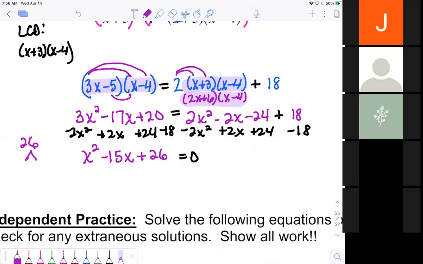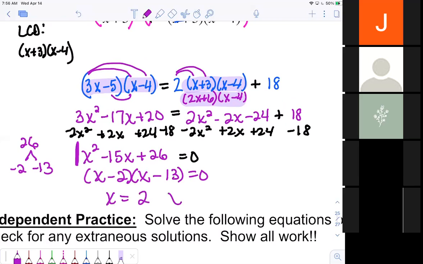What two numbers multiply to be 26? -2 and -13. Nice job. Again, this is the quick factoring. You don't have to go through the whole grouping process. Anytime there's a 1 in front, it's the short factoring. And then solve. And we get a 2 and a 13.